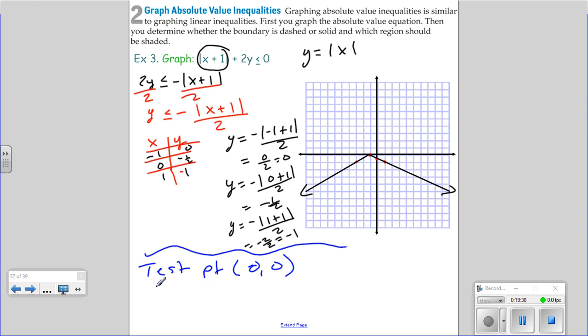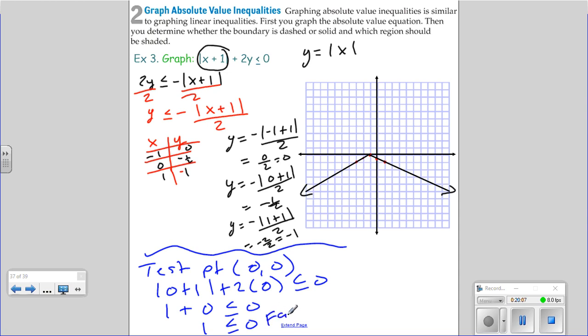So I'm going to take the absolute value of 0 plus 1, plus 2 times 0, and compare it with 0. The absolute value of 0 plus 1 is 1. So the absolute value of 1 is 1, plus 2 times 0 is 0, less than or equal to 0. So 1 plus 0 is 1. Is 1 less than or equal to 0?